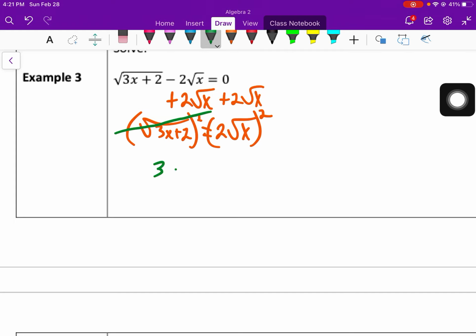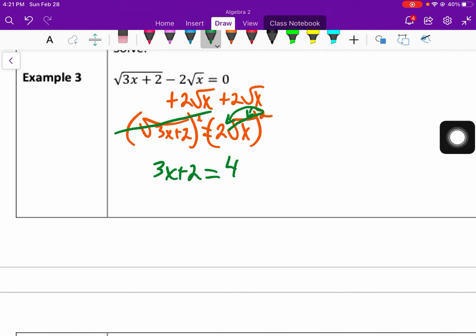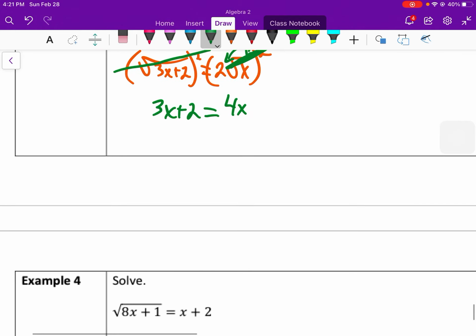So that simplifies to just 3x plus 2 equals, we must distribute to each term here. So 2 squared is 4. The square root of x squared simplifies to just x, so 4 times x, which we can rewrite as 4x. So isolate x, get it all on one side. I'm going to bring the 3x to the right, so 2 equals just x.